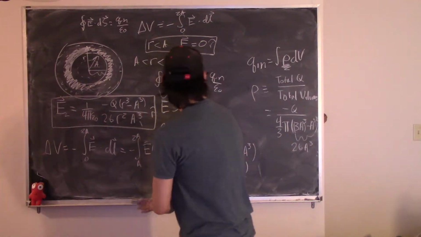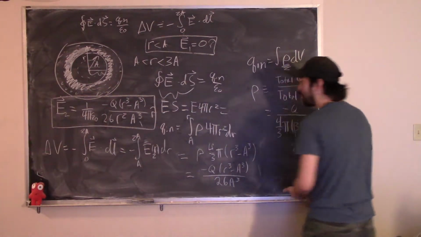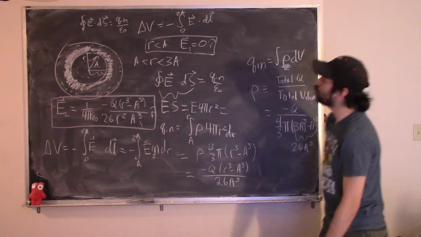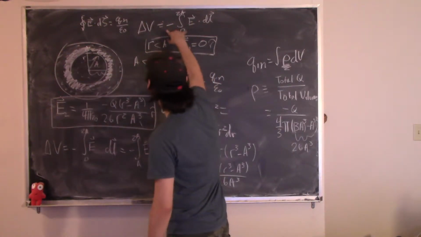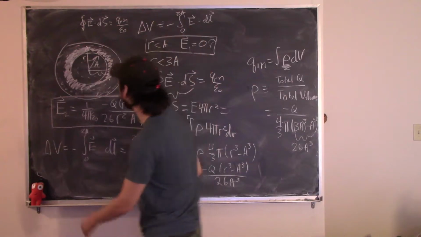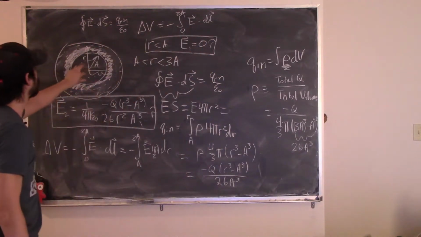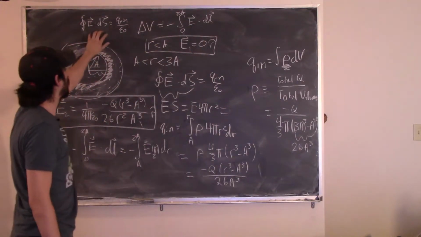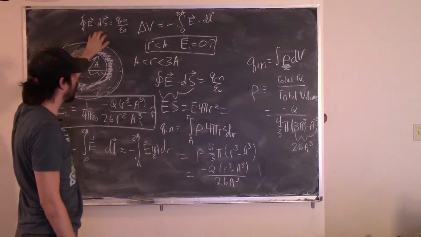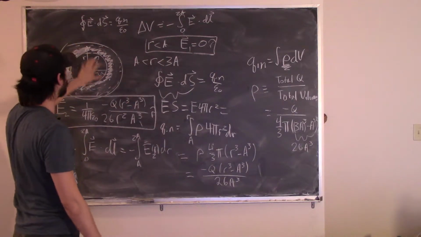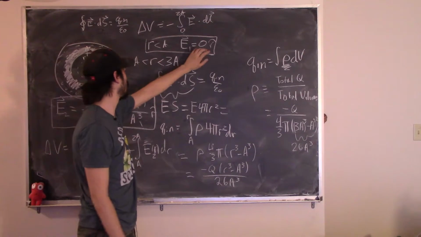So this problem, the big highlights are we know that we want a difference in electric potential. That means we need to find an electric field. Because this is an insulating shell, we're going to apply Gauss's law. When we apply Gauss's law for the innermost region, we find that the electric field is 0.